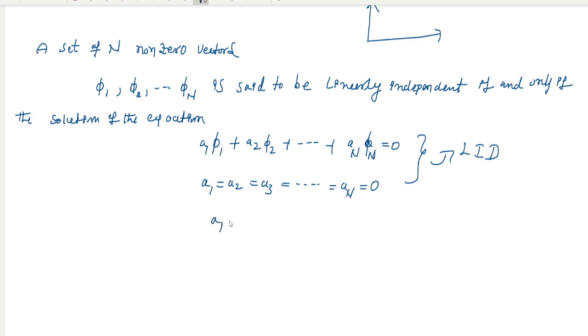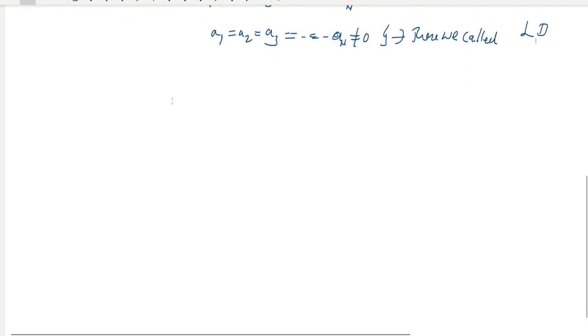Otherwise, if the constants a1, a2, and so on up to an are not all equal to 0, then we call the set linearly dependent. I can explain it in a simple manner.